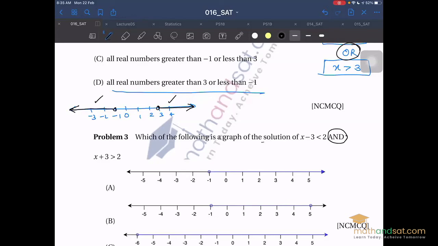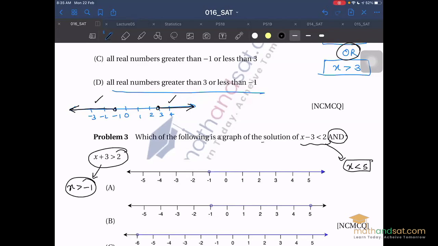In the first inequality, we have x minus 3 less than 2, so x is less than 5. And we have x plus 3 greater than 2, so x is greater than -1.